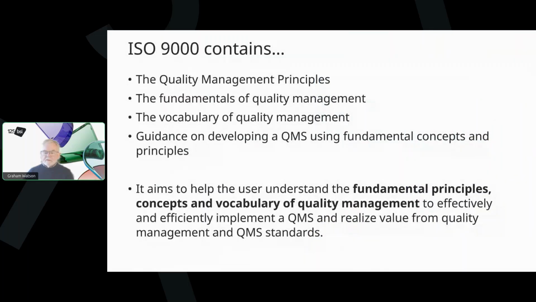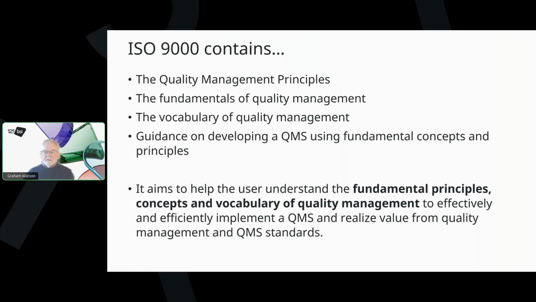The contents. Apologies to those of you who are already familiar with 9000:2015. The contents will look similar, but I know there's quite a few people who possibly have never looked at 9000. So those who know and understand it, please be patient. The standard contains the quality management principles. It contains the fundamentals of quality management.